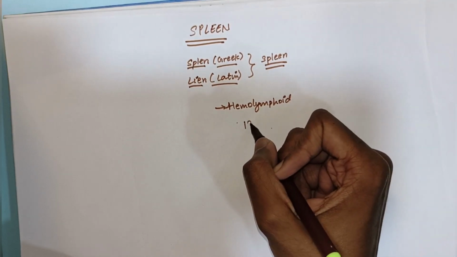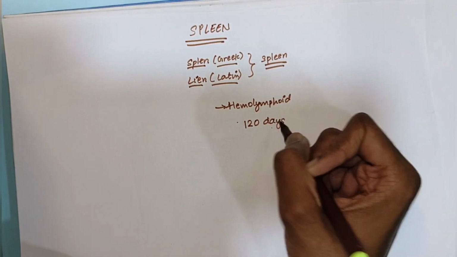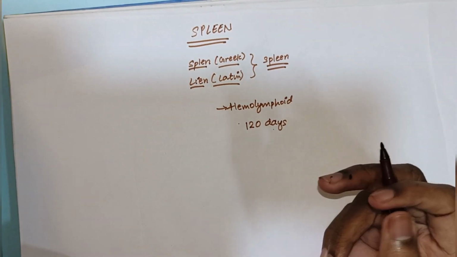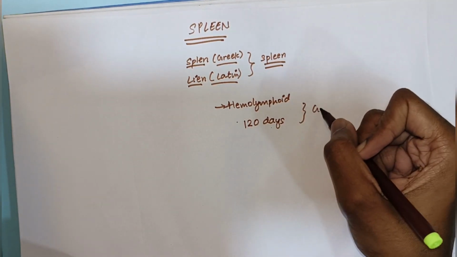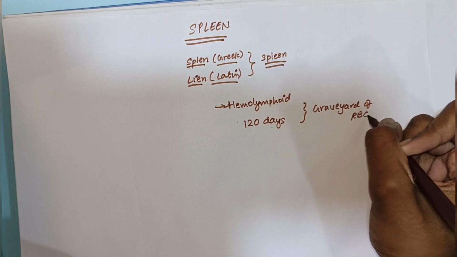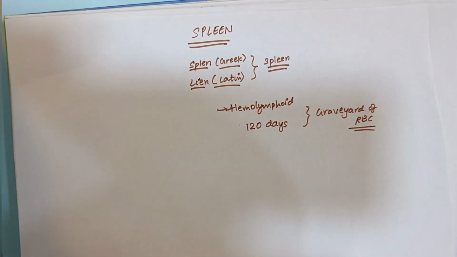Like RBCs after completing their 120 days of lifespan get worn out or get destroyed in the spleen. Therefore, spleen is also known as the graveyard of RBCs.